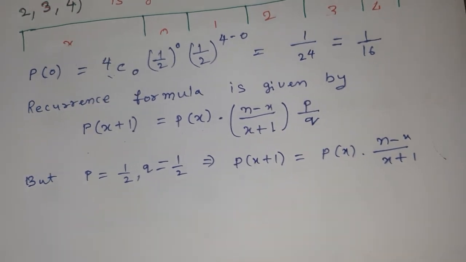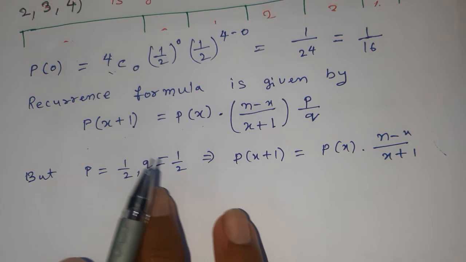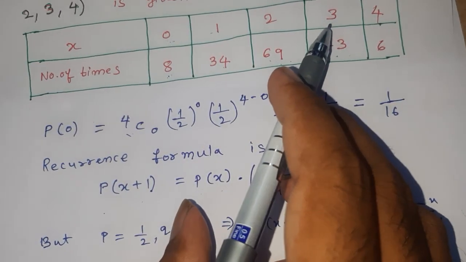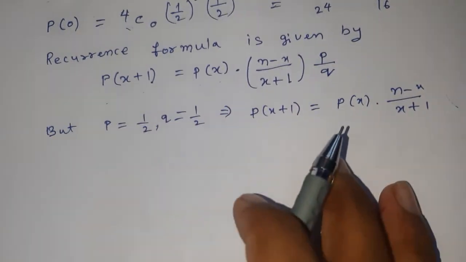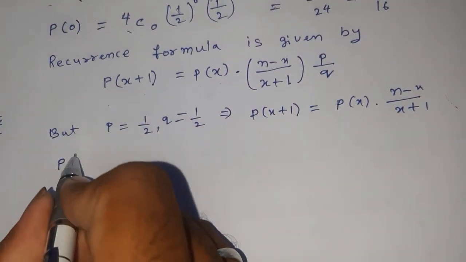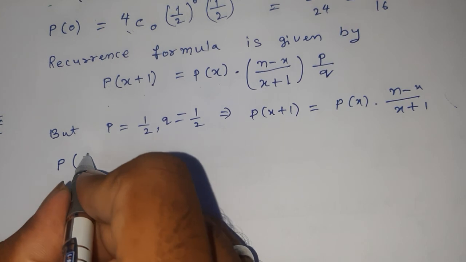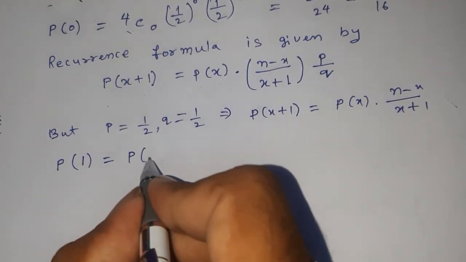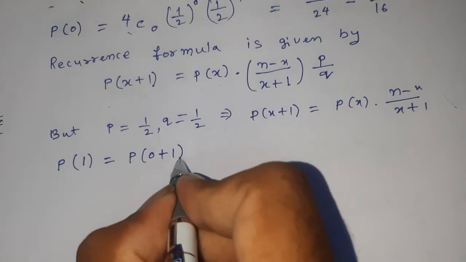Therefore now we can easily find the probabilities for 1 success, 2 successes, 3 successes, 4 successes. For example, let us find P of 1, that is the probability when 0 plus 1.